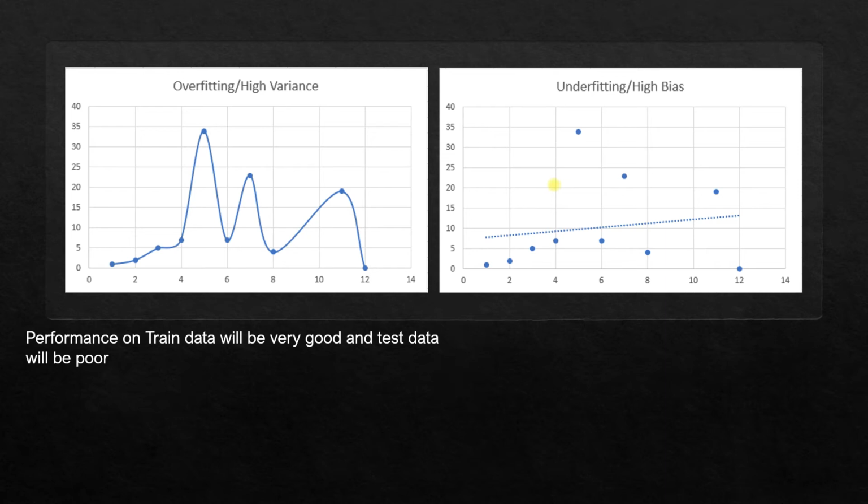The variation will be more. For example, on your training data you got accuracy of 95%, but on your test data you got accuracy of 65-75%. In that case, you can consider it overfitted. And when you talk about underfitting, the accuracy will be bad on both the train data and the test data.